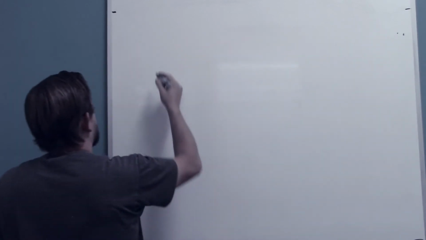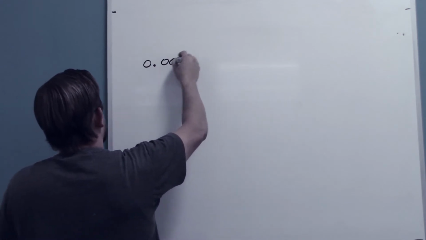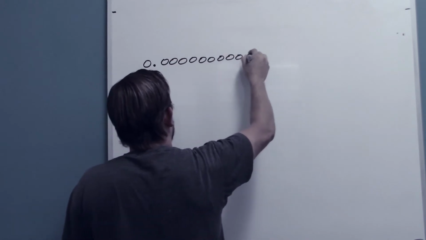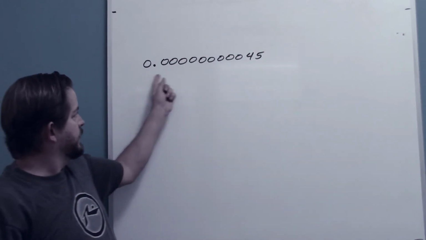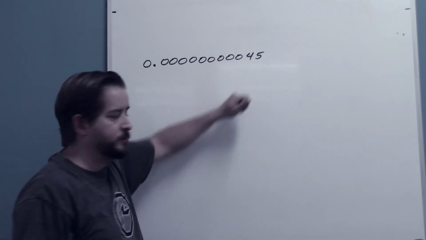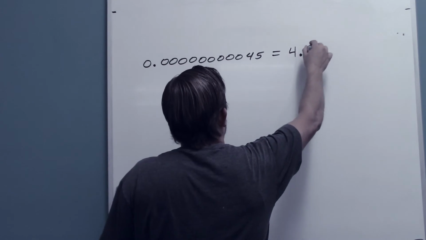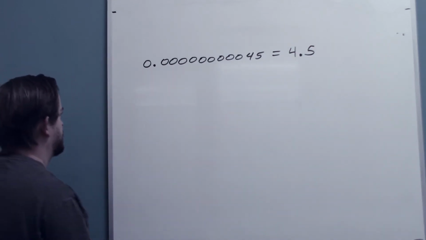If I have, for example, let's just say some 0.0000000000045, right? I'm going to take that decimal and put it after the 4, so this becomes 4.5. Eliminate all of these zeros, right?